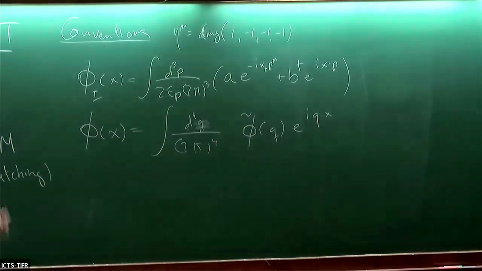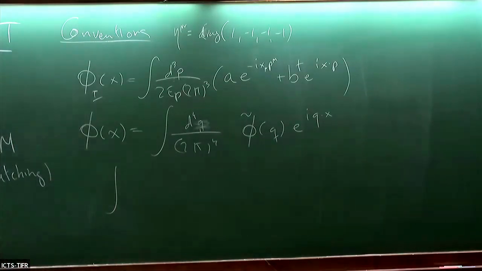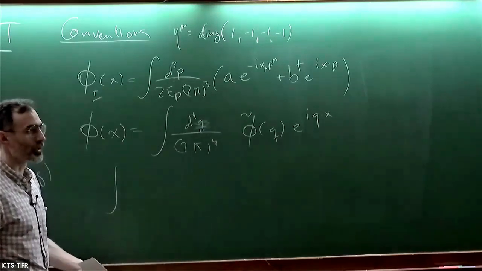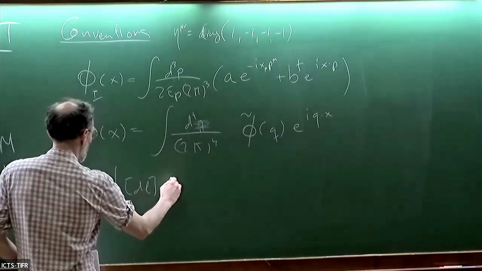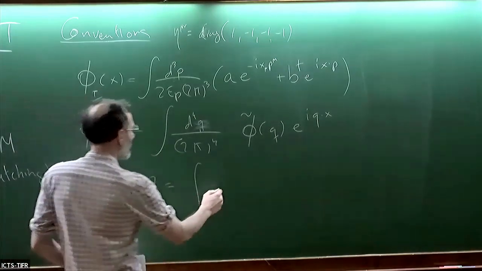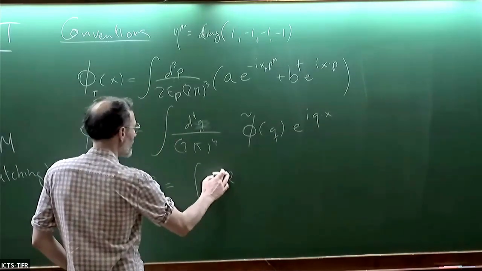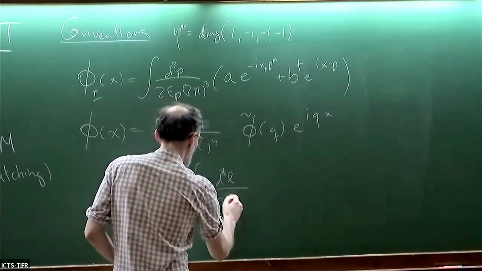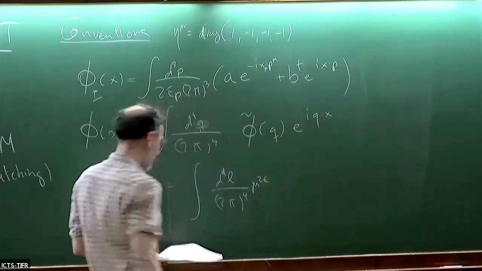In addition, sorry about this, it's not standard notation, but partly because I'm a bit lazy, partly because we'll be writing it over and over again, the loop integral I abbreviate by these square brackets dl, and I'll just be d4l, or if we're in dim reg, dl over 4 pi to the d, times mu to the 2 epsilon.